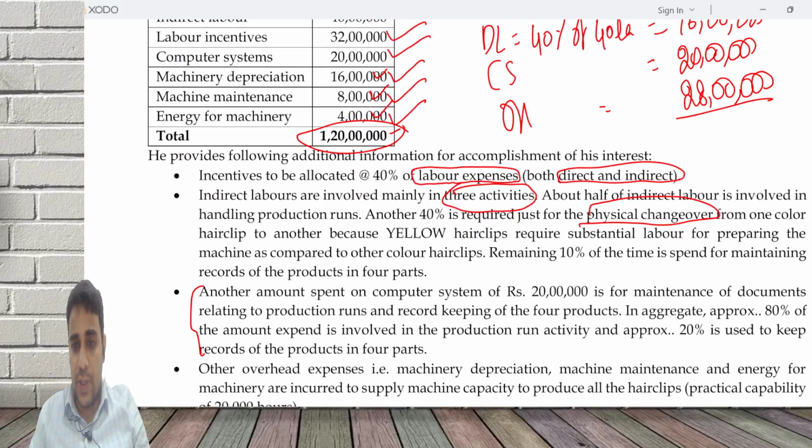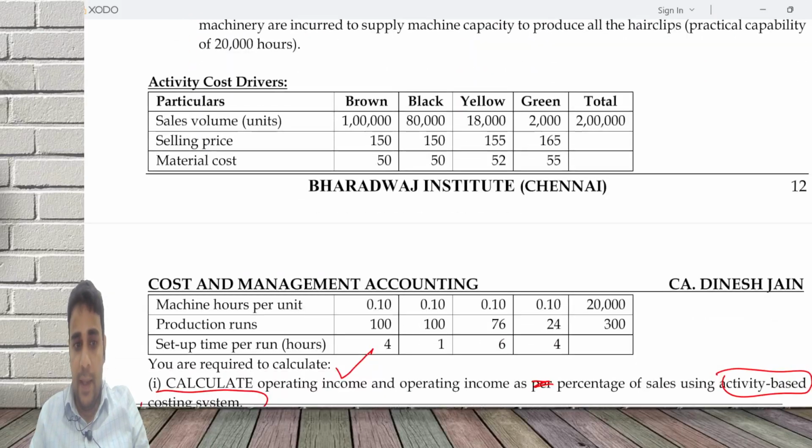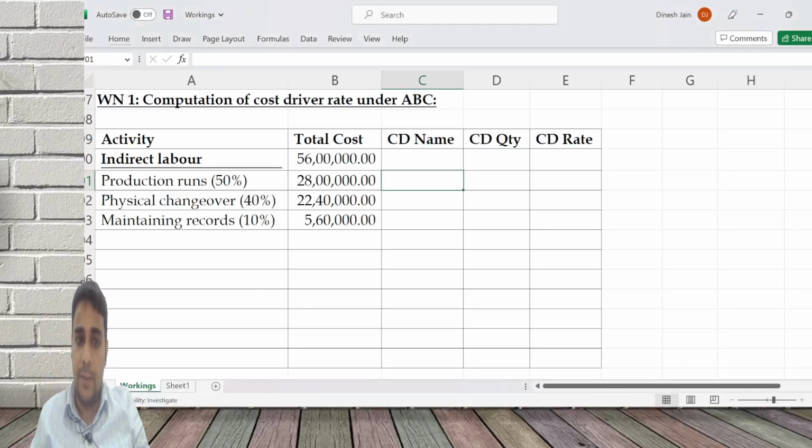For production run, my driver can be the number of production runs.